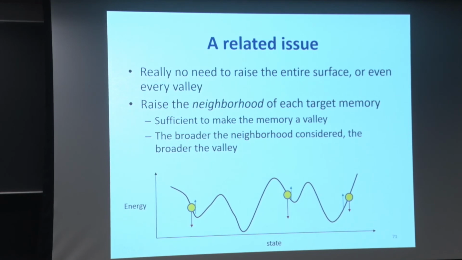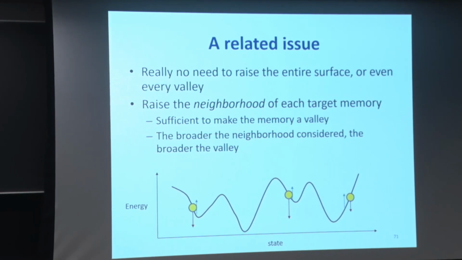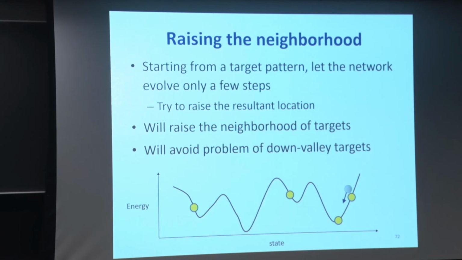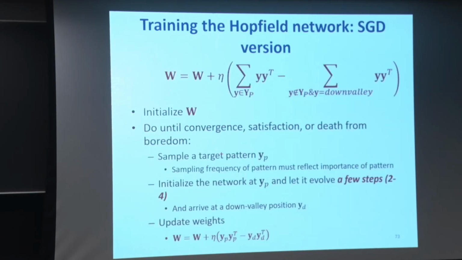It's sufficient to raise the neighborhood of each target memory. Sufficient to make the memory a valley. And the broader the neighborhood considered, the broader the valley, right? So you're not going to evolve all the way down. Maybe you evolve 3 steps and then pull that up. And if you pull it up, the other guy remains a valley, right? So it avoids the problem of down valley targets.